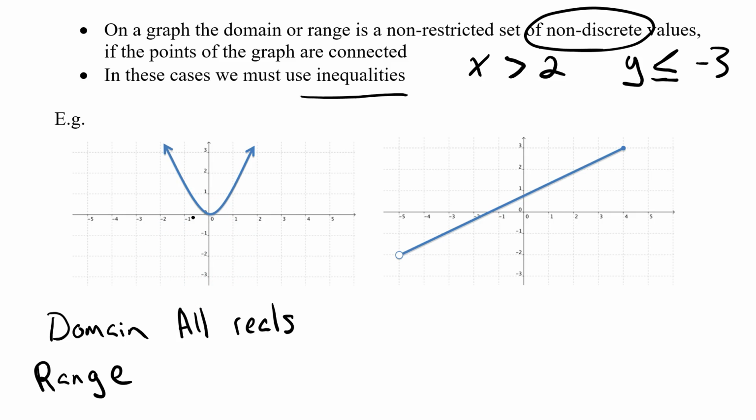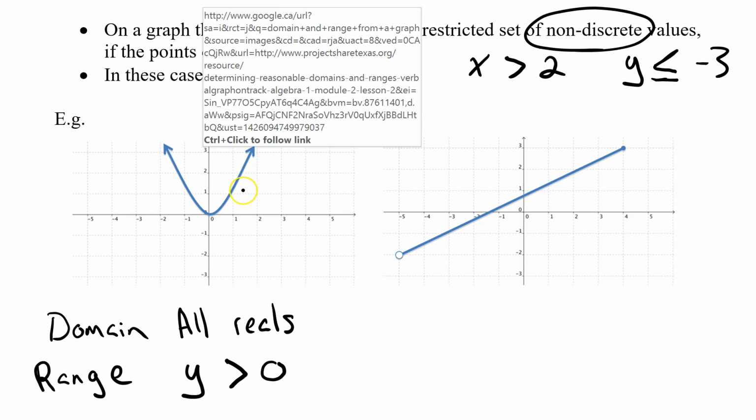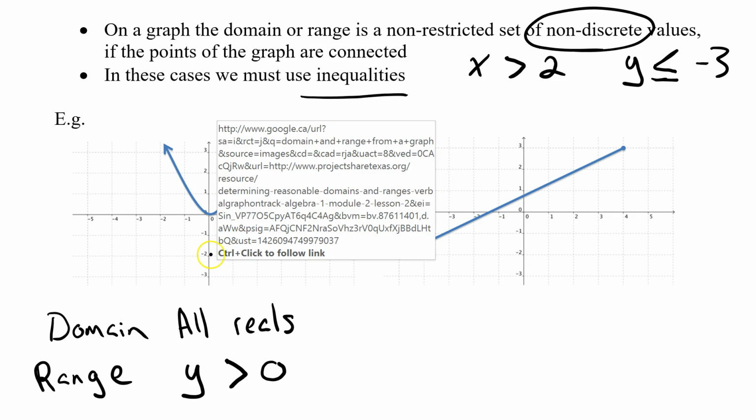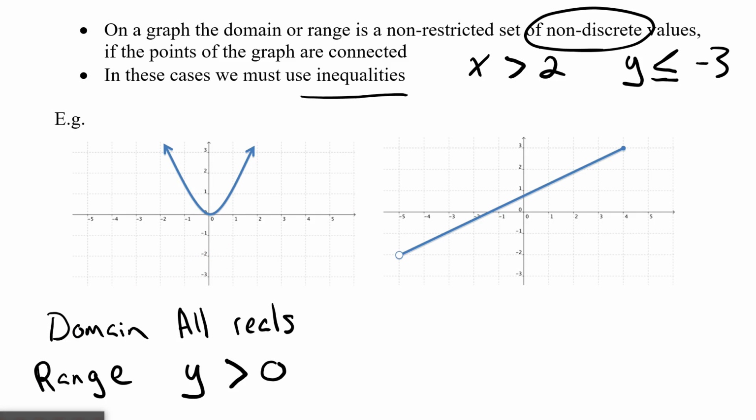So any y value to fall in this graph would have to be greater than 0. If I get a y of 3, well, that's right there. It'll cross there. A y of 1.5, cross right there. But a y of -2, which is down here, never touches my graph. So y is greater than 0.